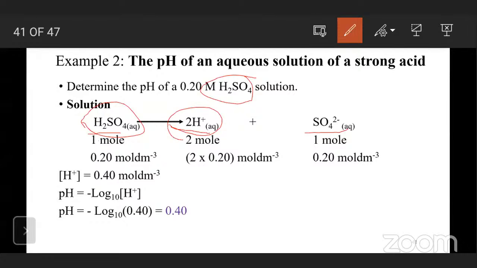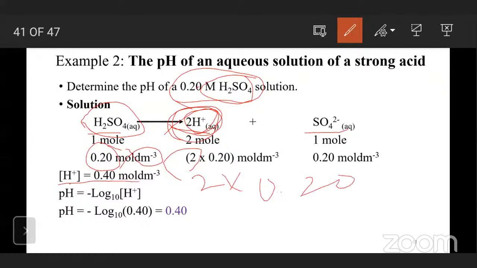This implies that if you have 0.20 mole per dm cube of this acid, every 0.2 mole in 1 dm cube of solution will give you 2 times that hydrogen ion concentration. So your hydrogen ion concentration will be 2 times 0.20, and that will be 0.40 mole per dm cubed.